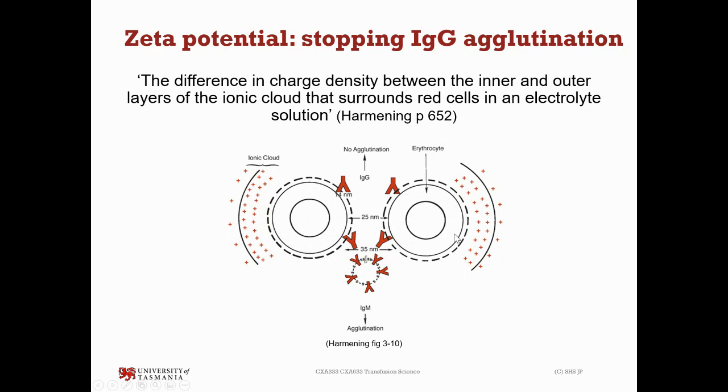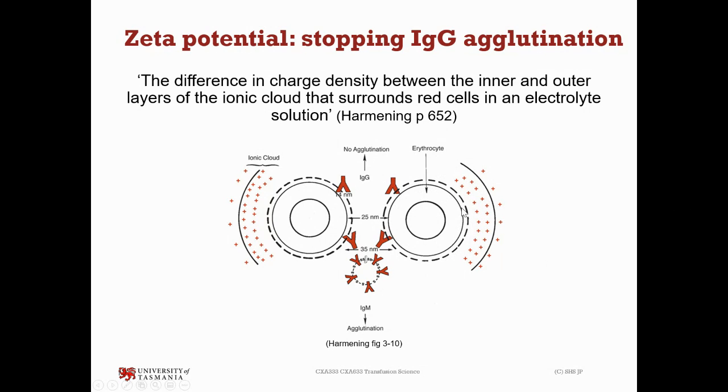When you put red cells in an electrolytic solution, so that's a polar solution that is able to break apart compounds into their positive ions and their negative ions, the negatively charged red cell surface attracts the positive ions within that solution. Okay, so they don't bind, they're just attracted there due to the difference in electronegativity. Okay, so the charge density is different.